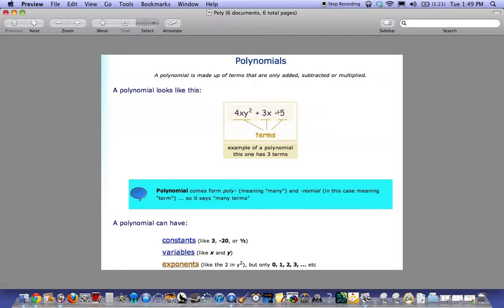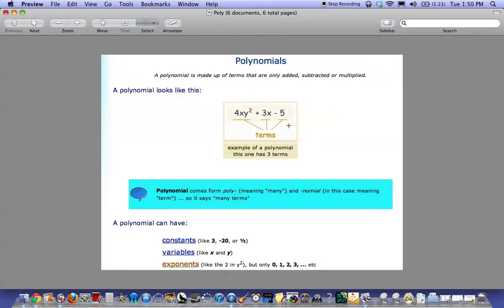And then you will subtract 5. So that's why this is considered one term, because this right here will be added to another number. This right here will be subtracted by another number. And then this right here is going to be subtracted from a number. So those are your 3 terms in this case.